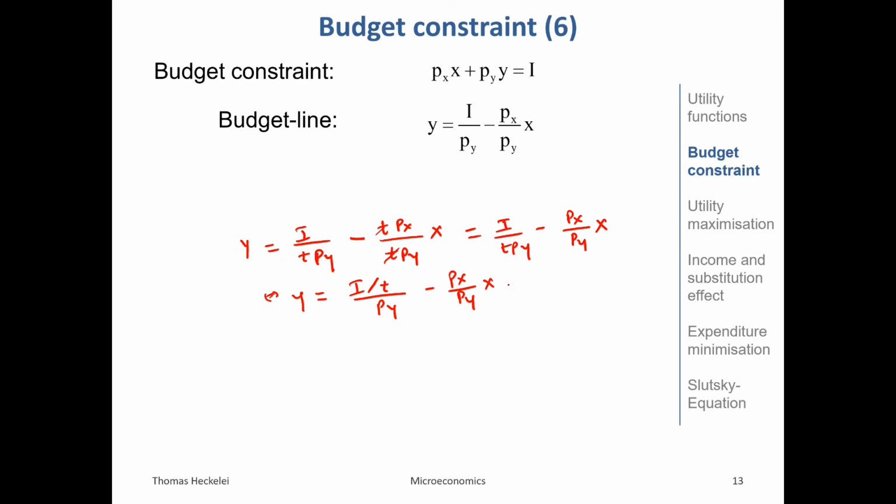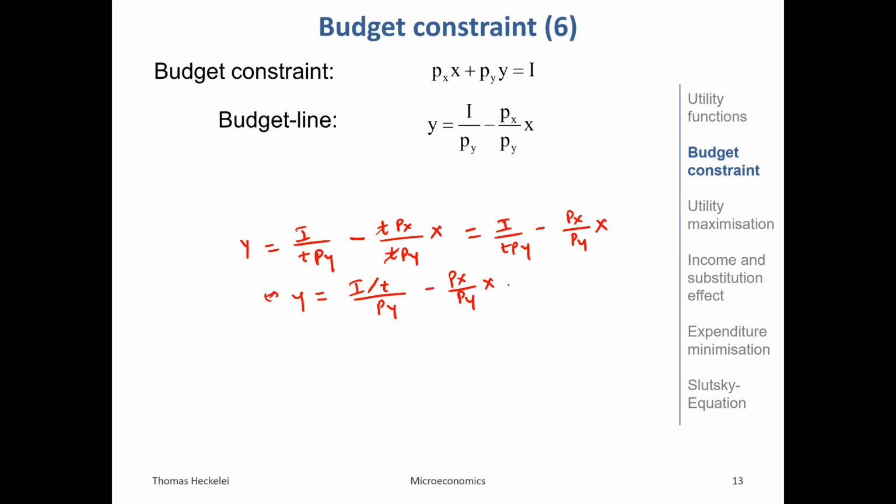So here the result implies two things. The first thing is if all prices increase by the same factor t, then the budget line will shift to the left and the intercept will decrease by a factor t.